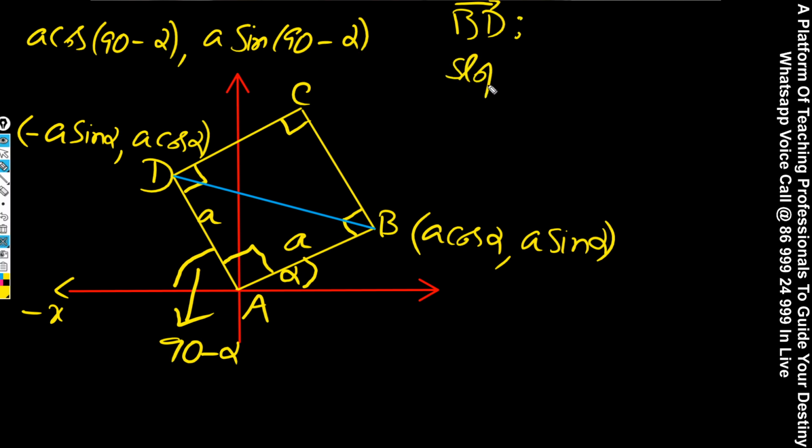Write the slope so that it will be easy for you. Slope is y2 minus y1 by x2 minus x1. I am writing it directly: A sin alpha minus A cos alpha, that is sin alpha minus cos alpha, divided by cos alpha plus sin alpha.